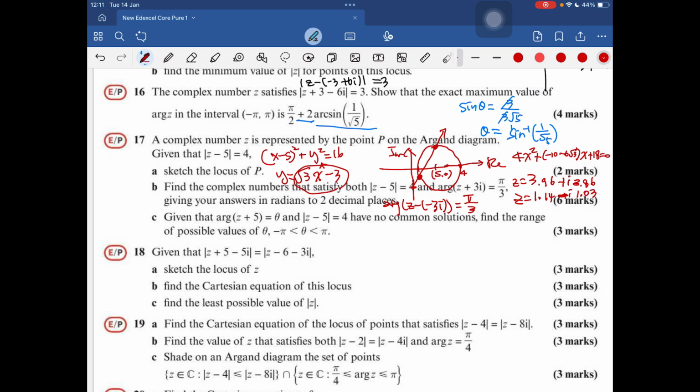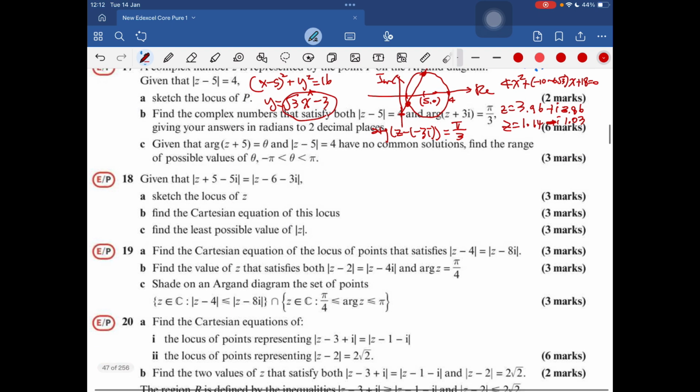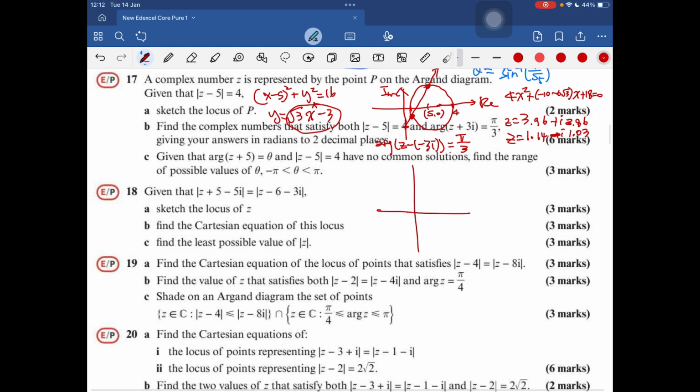And see, the argument of z plus 5 equals theta and modulus of z minus 5 equals 4. No common solution for a range of possible theta. So when we express it in the geometrical graph, the first one is still the circle with center 5, 0 and radius 4.